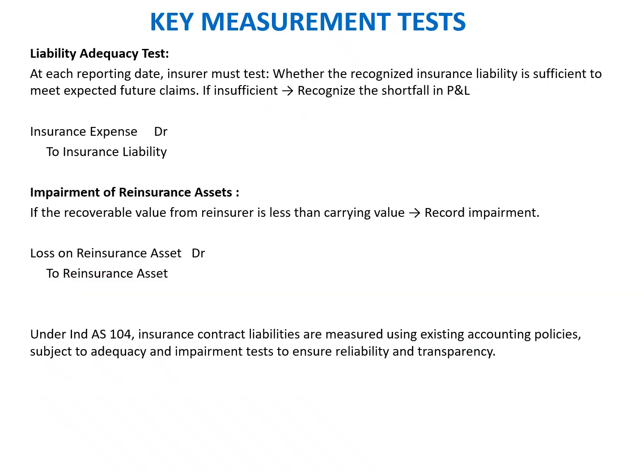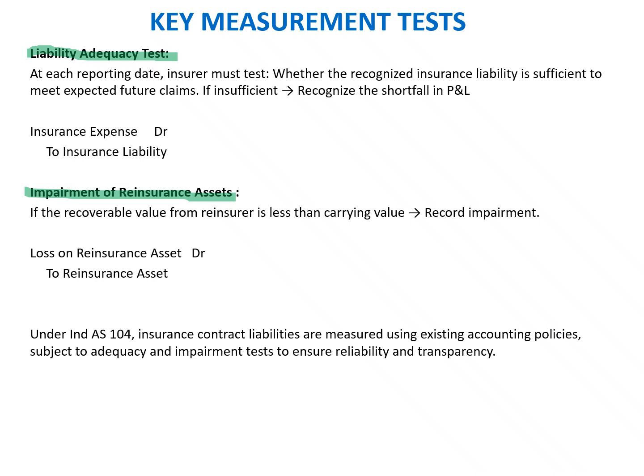Okay, now we'll talk about the two specific tests that need to be done with respect to the insurance company. The first one, specific to the insurance company, is the liability adequacy test. The second one, the impairment of reinsurance asset, is largely impairment testing aligned with Ind AS 36.